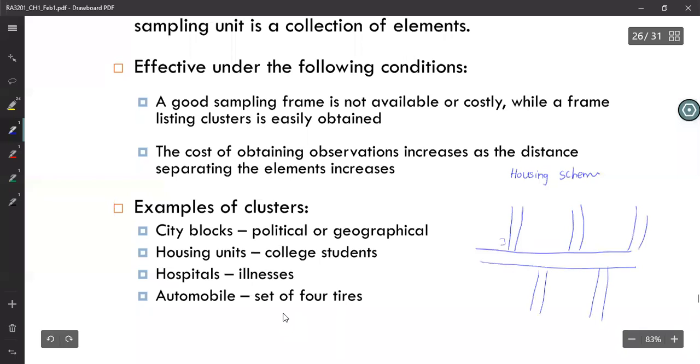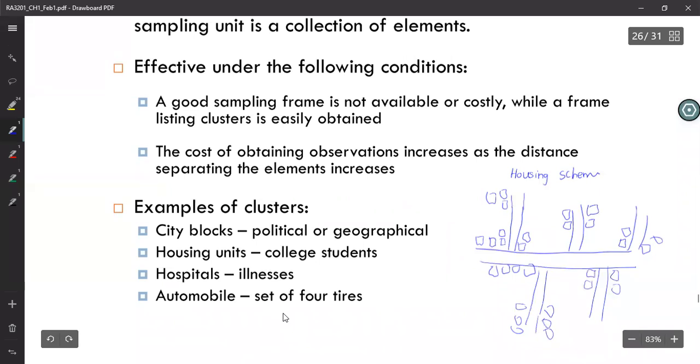And you have houses alongside them, right? And a few houses here. Okay, so these are households, houses. Then here again, a set of houses, right?